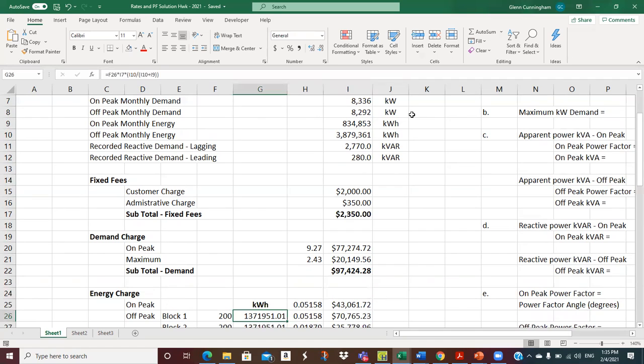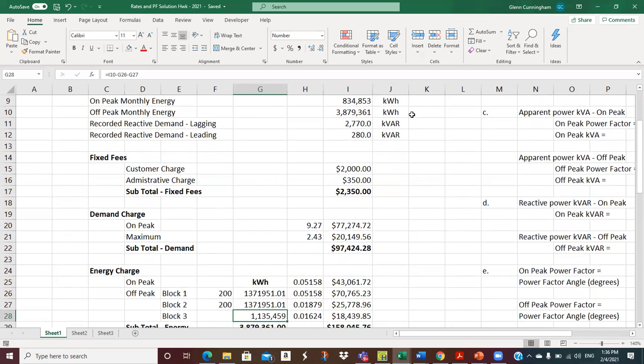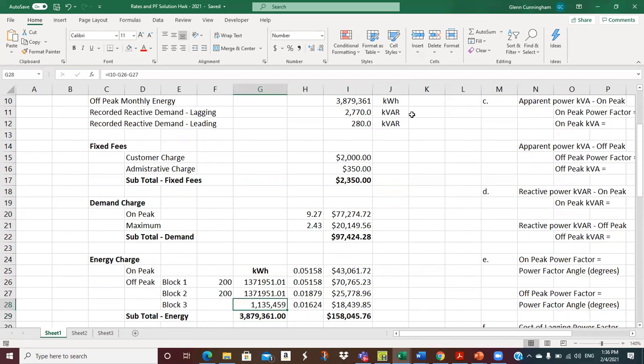So that's what we're doing, I10 divided by I10 plus I9. All that together gets me a first block size, and the second block is the same arithmetic. So that's 1,371,951, and then times the first block rate.